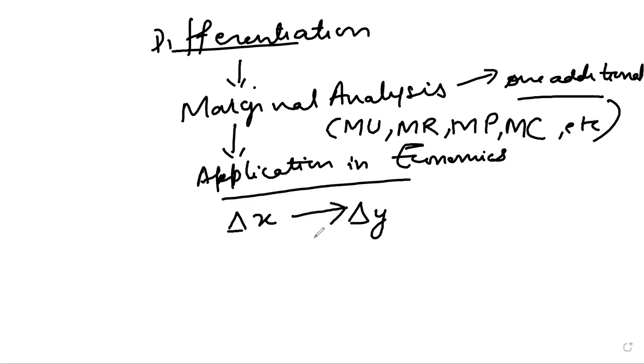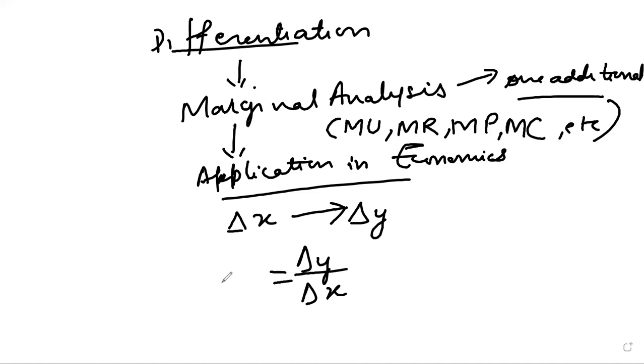So, per unit change in the value of y will be this. Now, when we say per unit change, what does that mean?